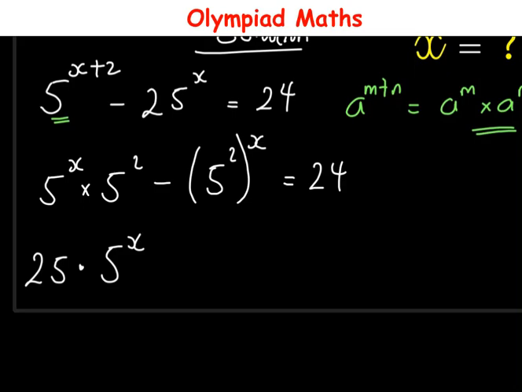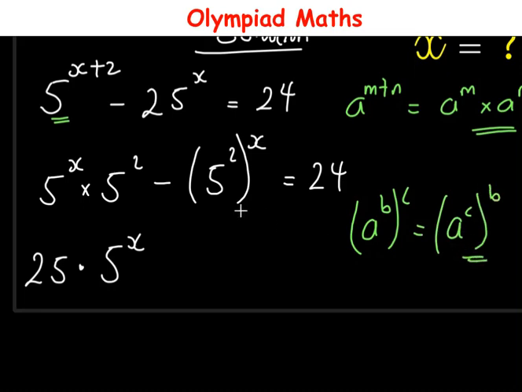Then applying this rule of indices, that if you have in bracket a raised to power b all raised to power c, this equals in bracket a raised to power c all raised to power b. Applying this rule right here, we have minus in bracket 5 raised to power x all raised to power 2 is equal to 24.